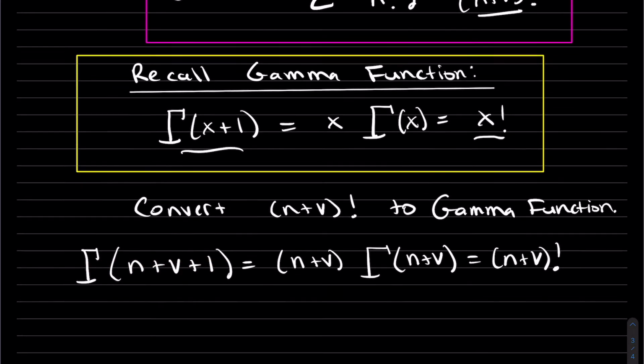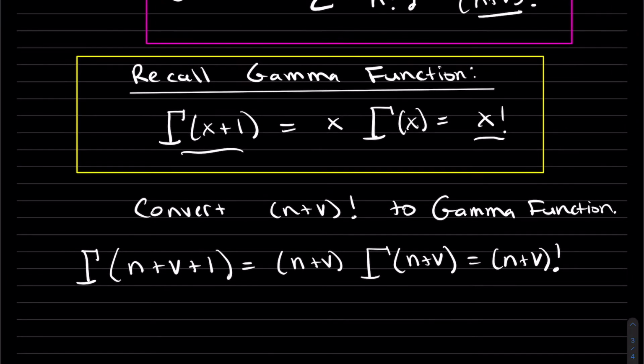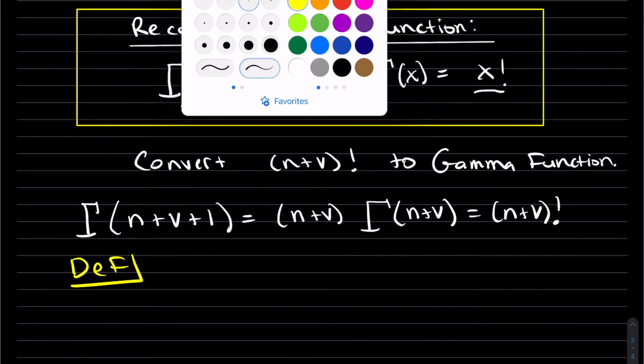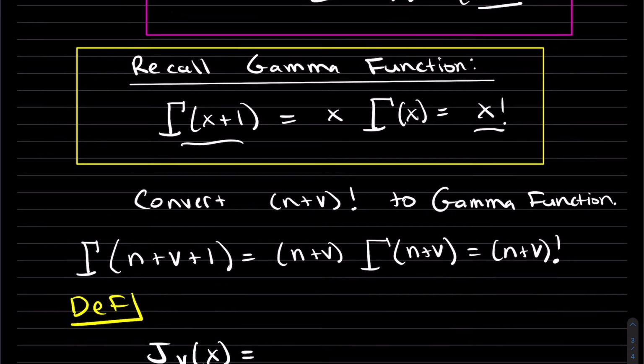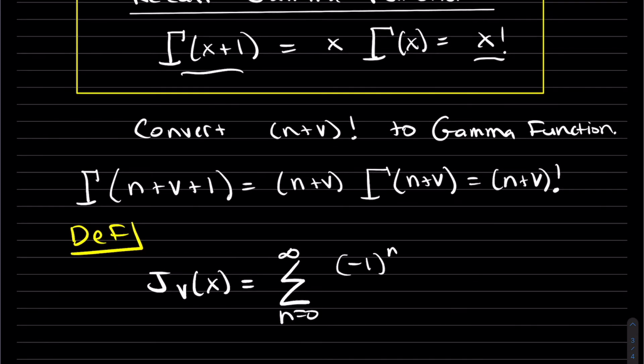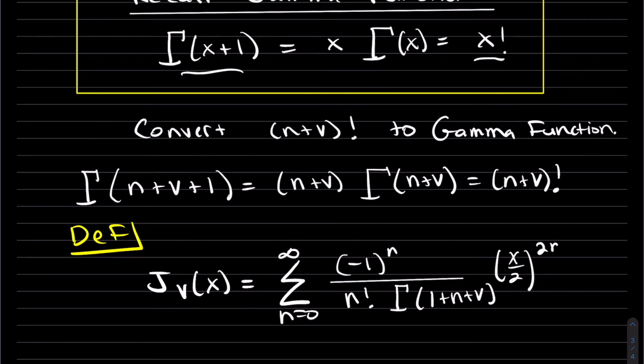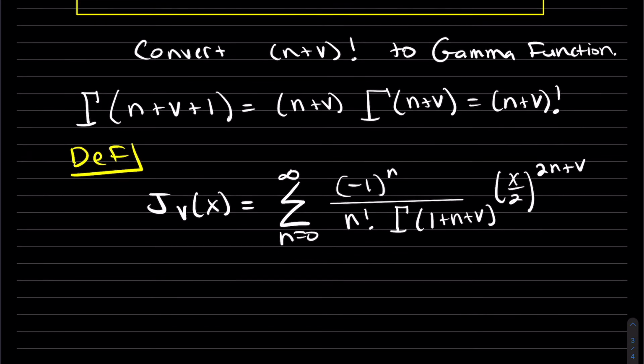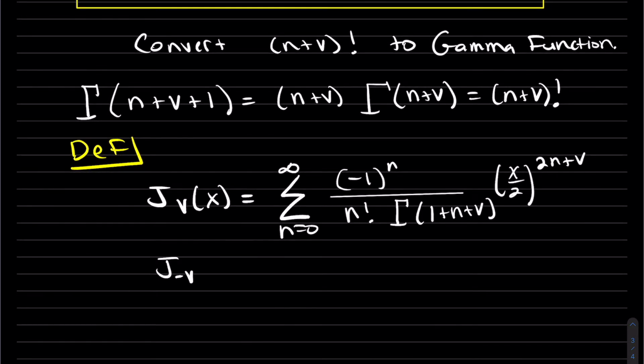So let's do that. Then we get the following definition, which becomes our first solution. Remember, it was plus or minus v were my r's.